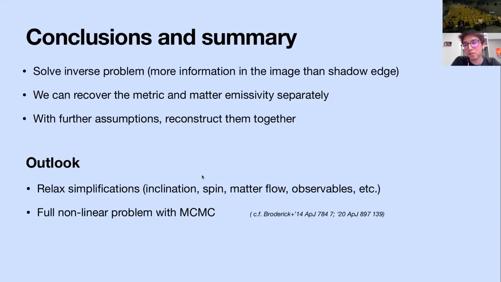And we can also include black hole spin, etc. We can also drop the assumption about the linearization of the geodesic and the radiative transfer equations, compute all of our images, and do the parameter estimation with a Markov chain Monte Carlo. However, this is more computationally expensive.